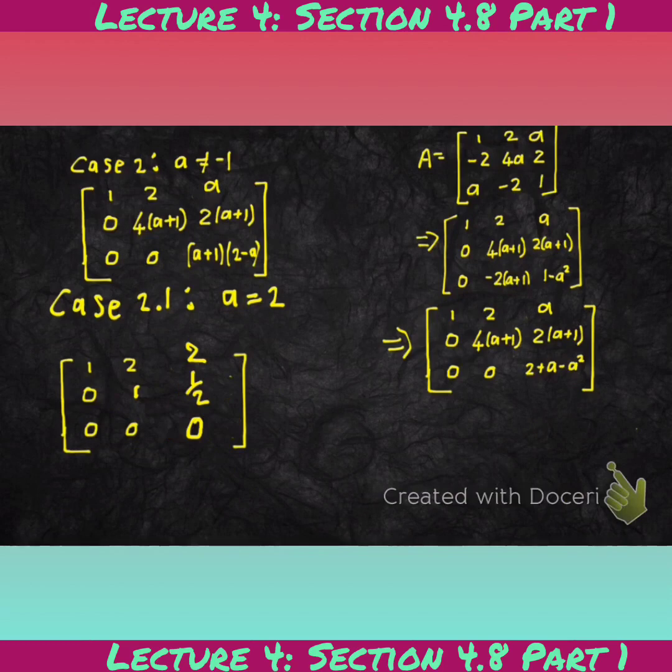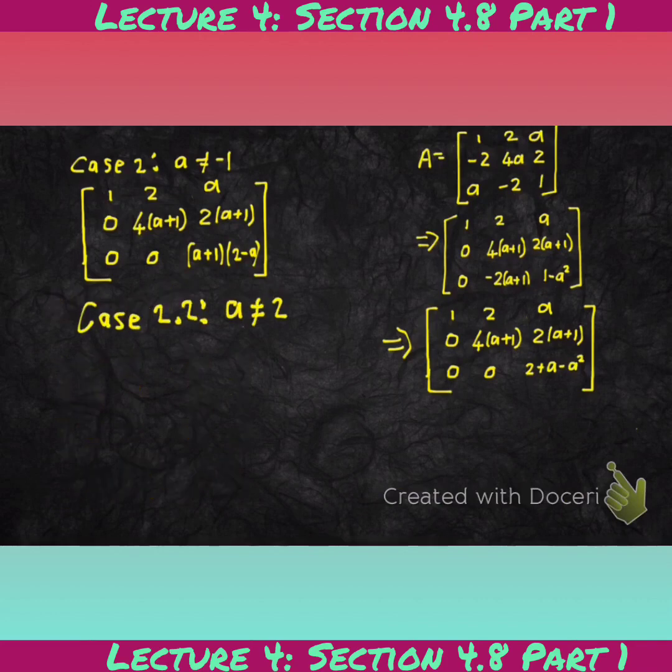That's my matrix when a is equal to 2, and therefore the rank in this case is clearly 2, because the basis for my row space is these two vectors here. So the dimension of the row space is 2.